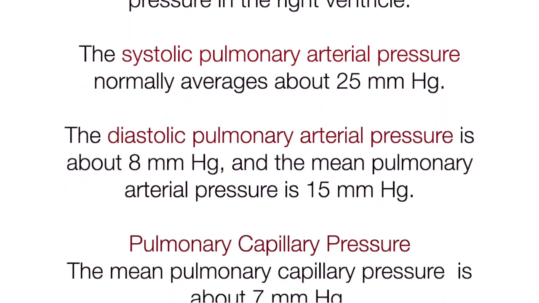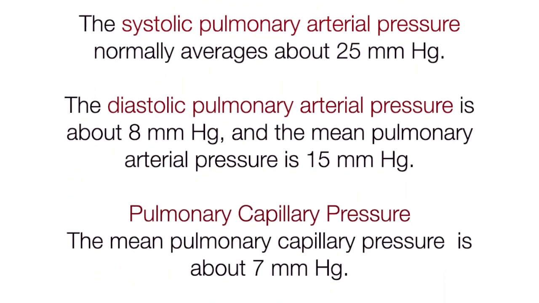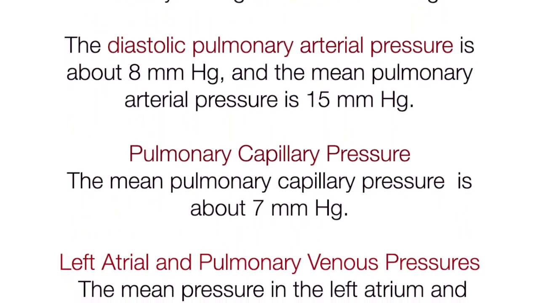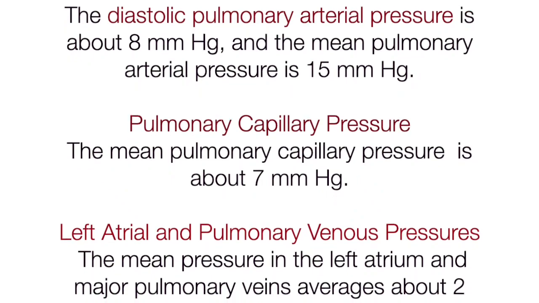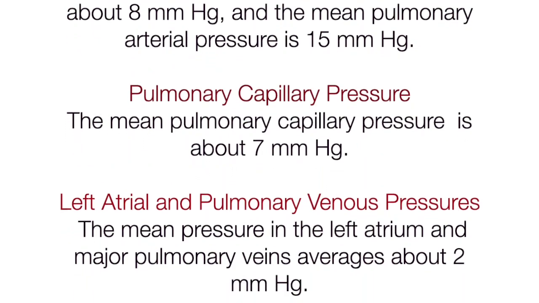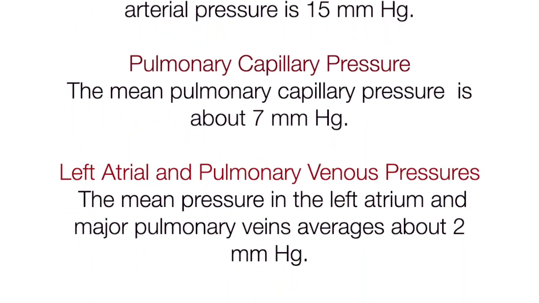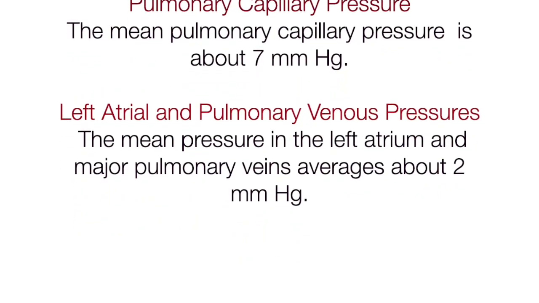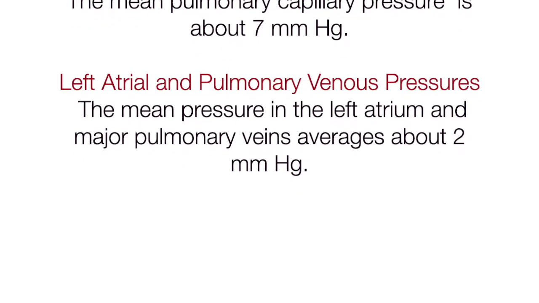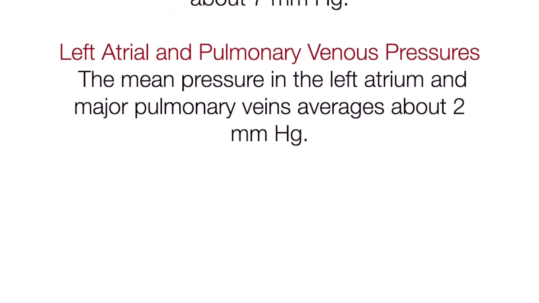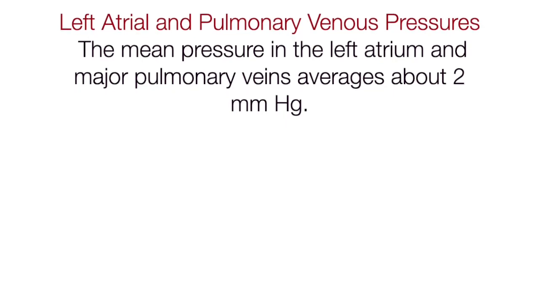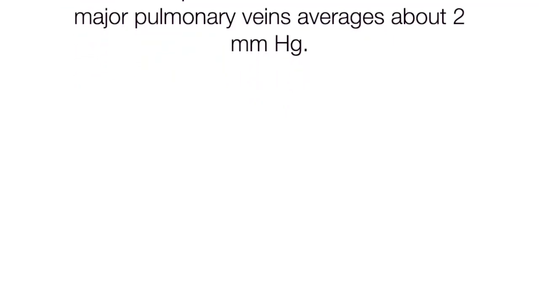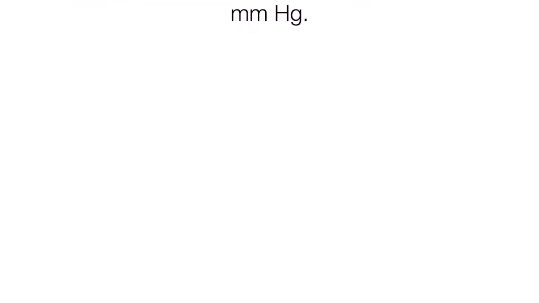The diastolic pulmonary arterial pressure is about 8 millimeter, and the mean pulmonary arterial pressure is 15 millimeter. Pulmonary capillary pressure. The mean pulmonary capillary pressure is about 7 millimeter mercury. Left atrial and pulmonary venous pressures. The mean pressure in the left atrium and major pulmonary veins averages about 2 millimeters.